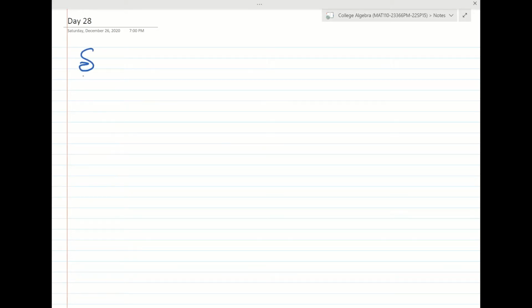Section 10.3, and it's called Logarithmic Functions. So just some basics to get started.